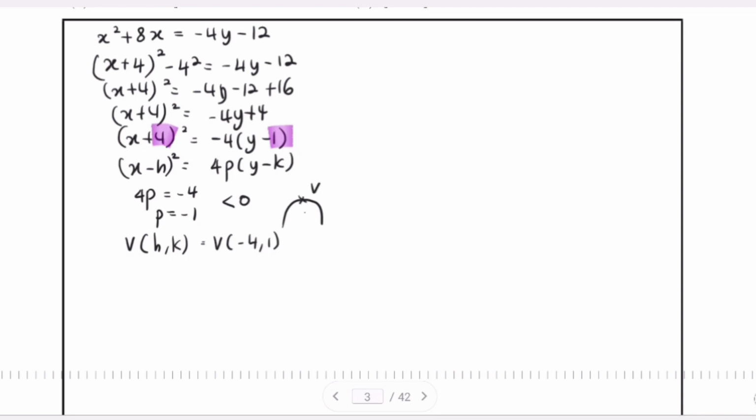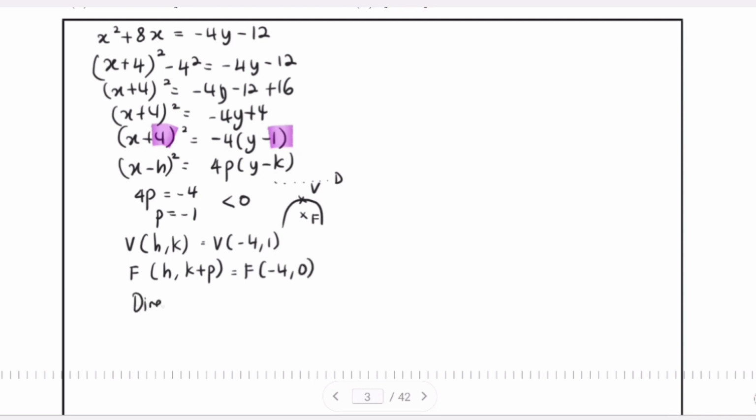So if our v is here, our f is here, and the directrix is over here. You will notice that the h will remain the same for f. You're going to add p to the k. So it becomes negative 4, and 1 plus negative 1 is 0.